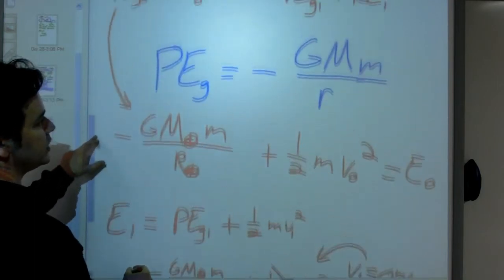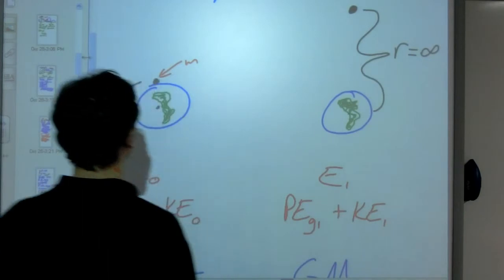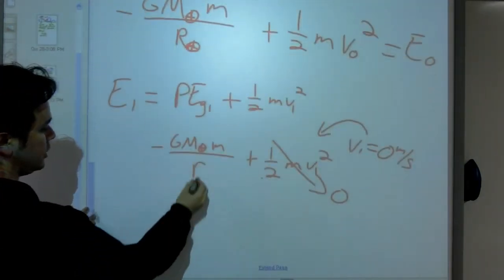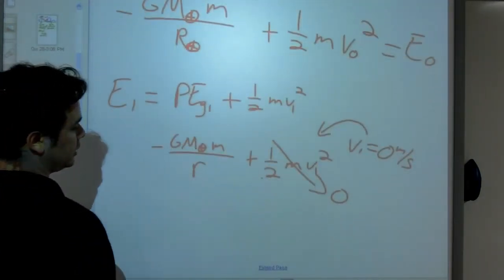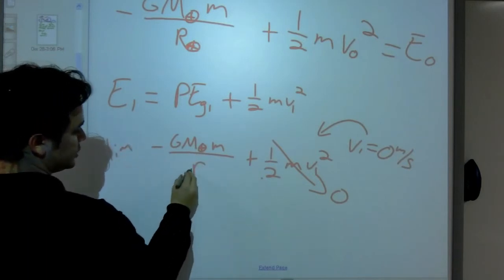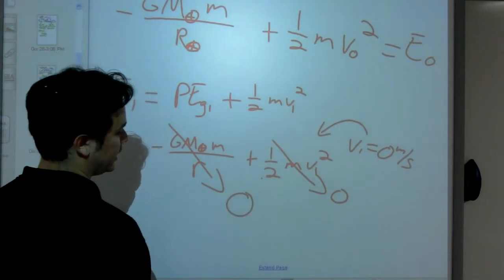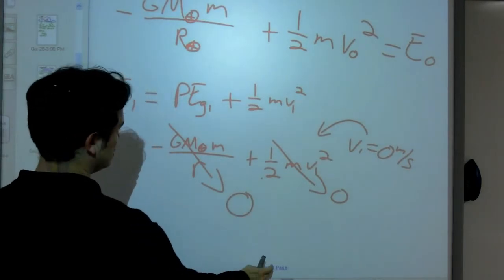But what about our radius? Our radius here, well, we said it's infinite. If we plug in infinity, something divided by infinity, normally we take the limit as this goes to infinity, and we'll find that this effectively goes to 0 as well. Uh-oh.